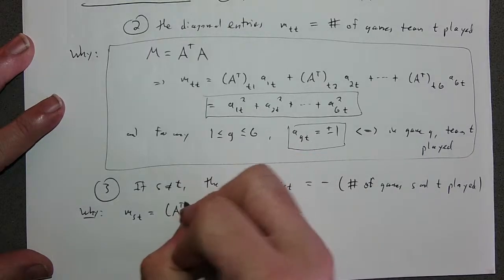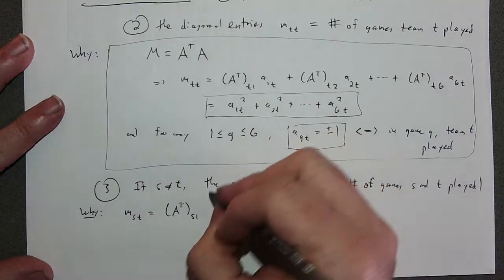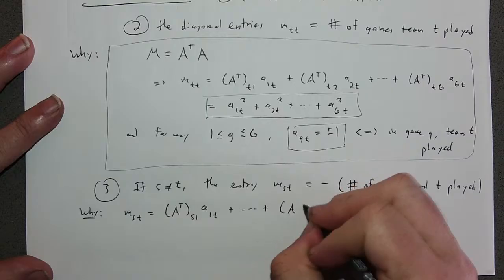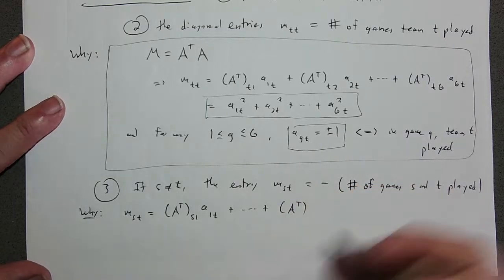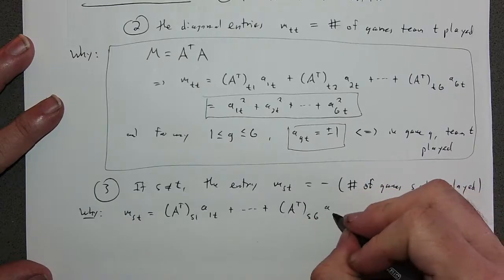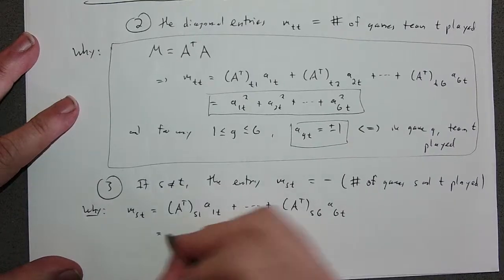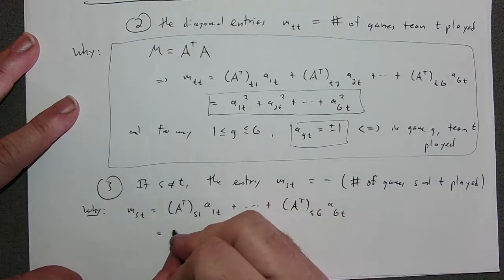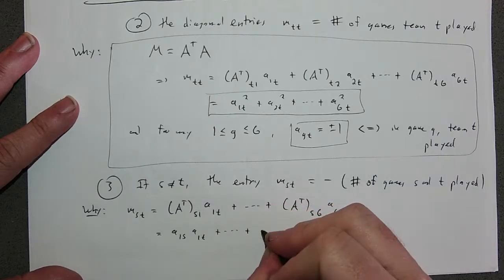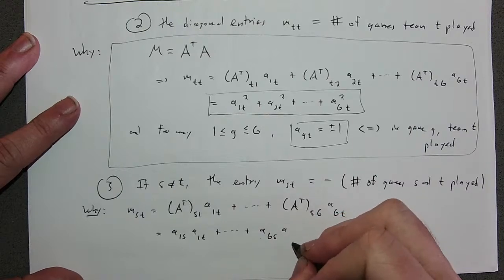It is the S1 entry of A transpose times A1t, plus, and so on, all the way out to the SG entry of A transpose times the GT entry of A, which when I write all of this out, this is A1S times A1T plus, and so on, all the way out to AGS times AGT.